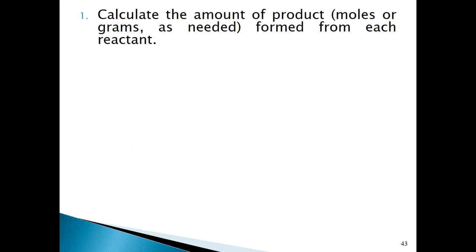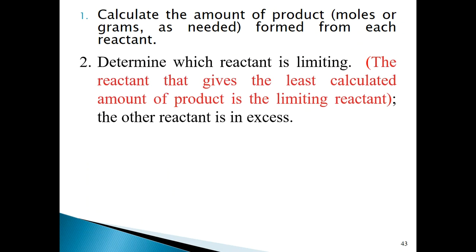So basically, based on the balanced equation and the amounts of each reactant that you start off with, you're going to determine the amount of product you expect to get. Then from there you can determine which reactant is limiting. And how do you do that? As stated here, the reactant that gives the least calculated amount of product will be the limiting reactant. Any other reactant would be in excess.